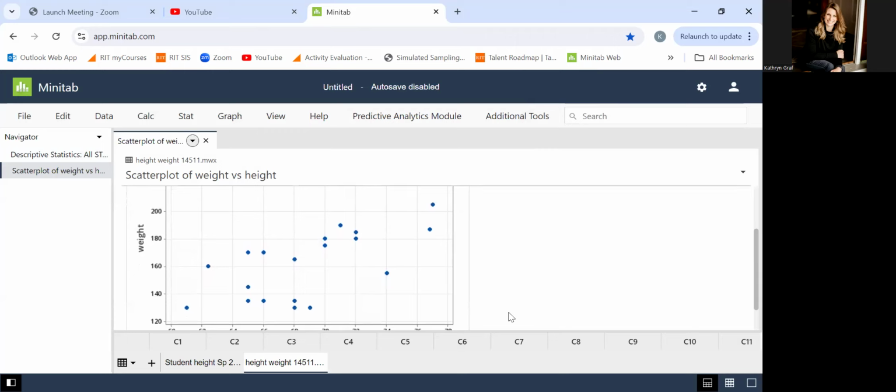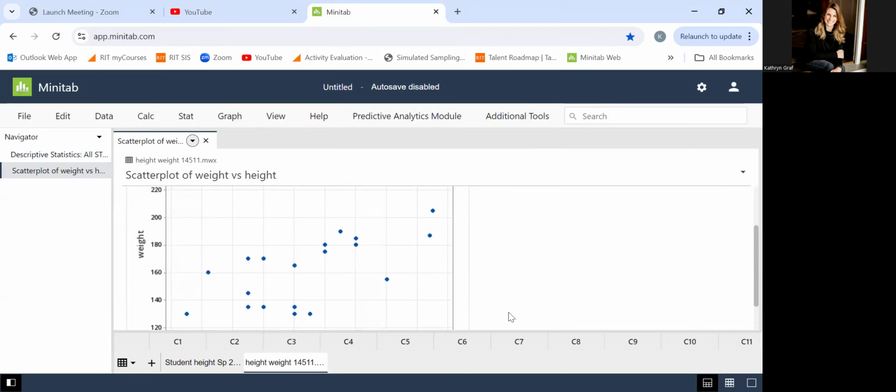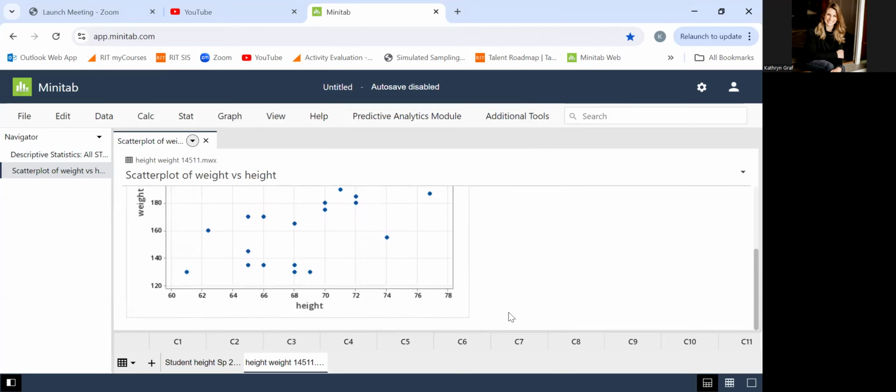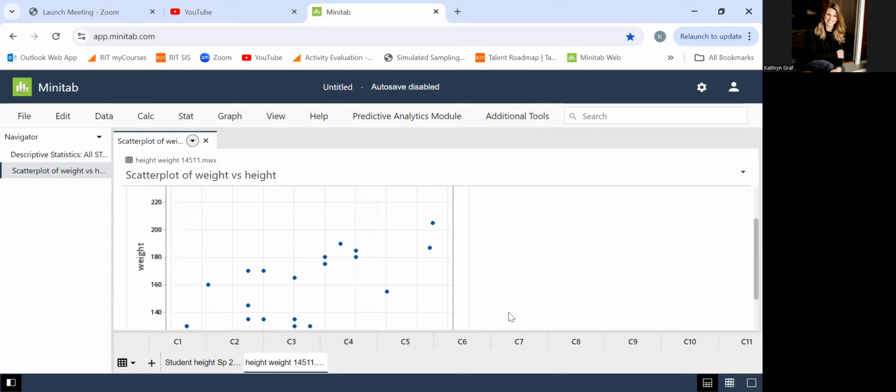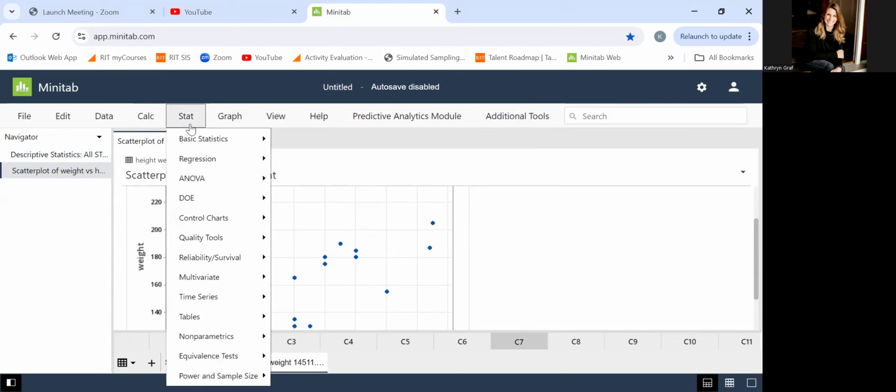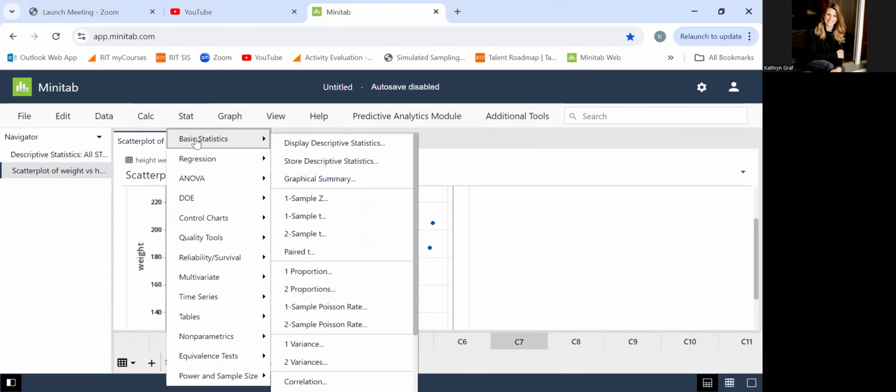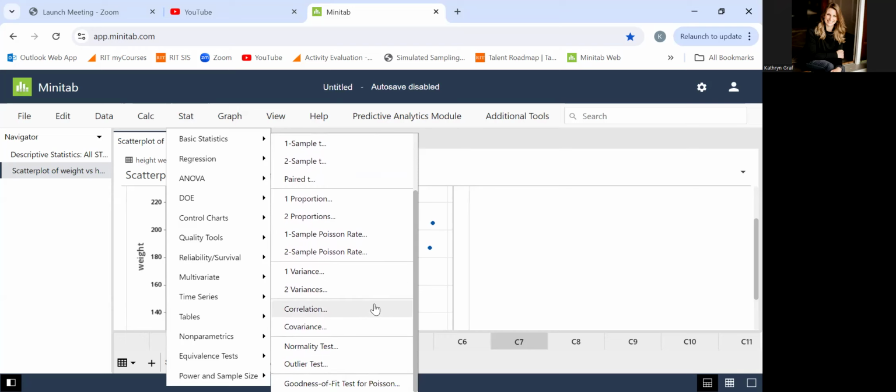There it is. Okay. Now I want to go ahead and take a look at the correlation value between these two variables and the equation. So to get the correlation value, I'm going under Stat, Basic, and down at the bottom we can see where it says correlation right here.